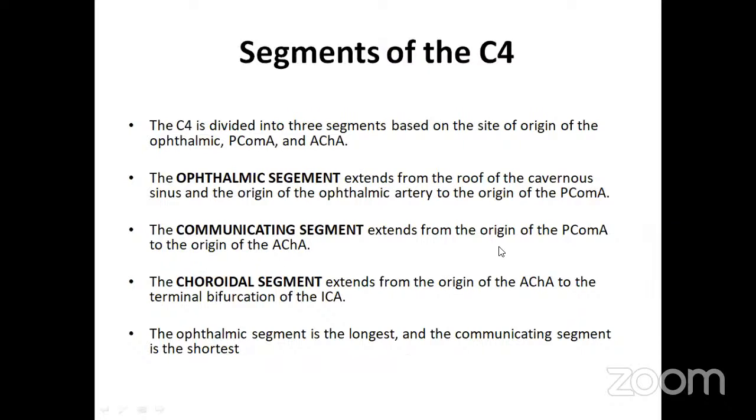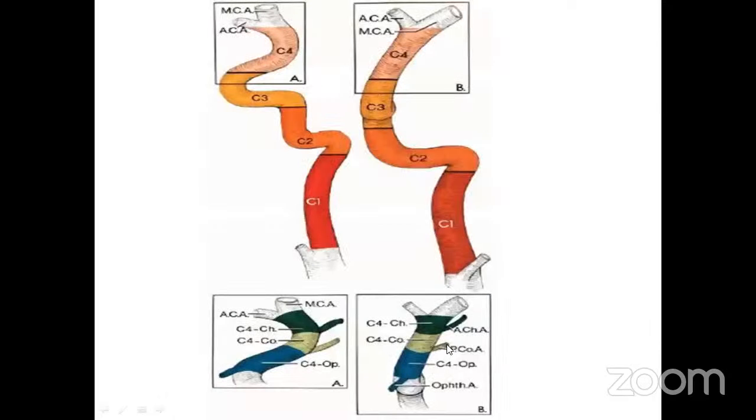It extends from the origin of the posterior communicating artery to the origin of the anterior choroidal artery. So this is the posterior communicating and this is the anterior choroidal artery. And this light green colored is the communicating segment. That is the second segment of the supraclinoid portion of the internal carotid artery.